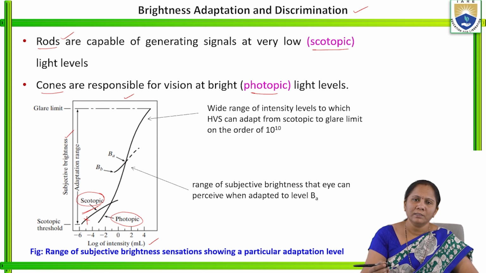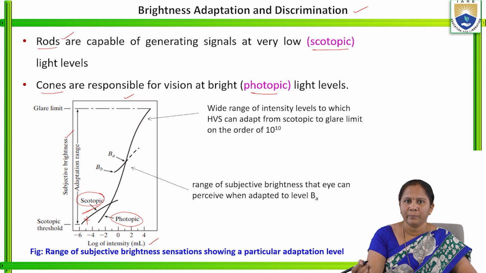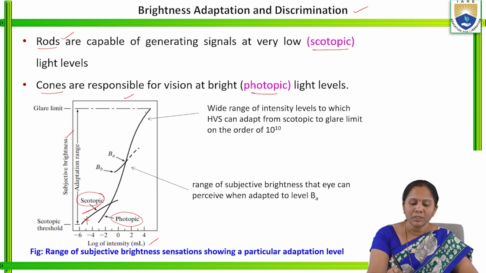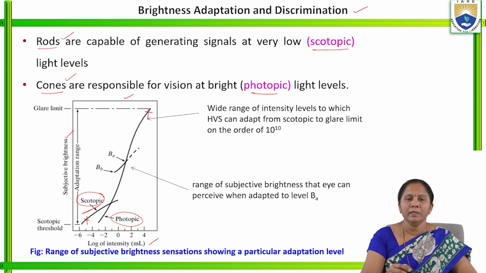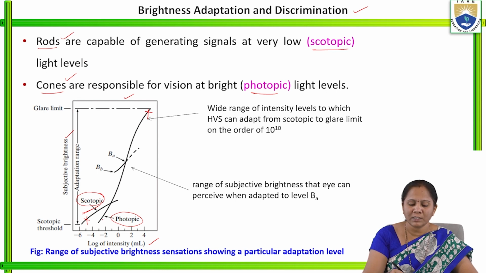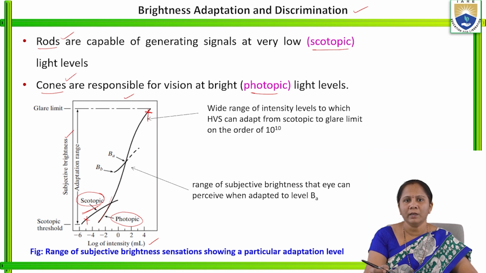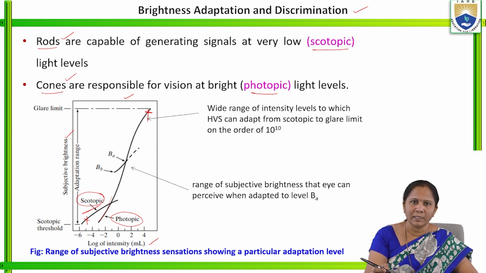If the same person suddenly enters into the bright area where the light is high, then his perception will be different. At that time, for example, if we consider that point, the intensity will be high and cones will be activated. If we consider this curve, it comes under photopic, so here we will have that perception and visualization, but both cannot be done simultaneously.